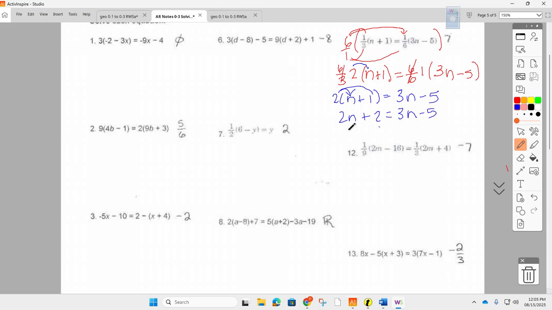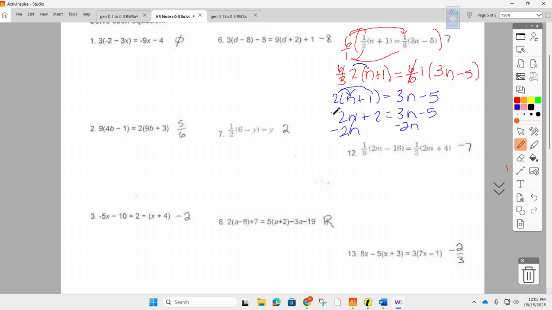And now I have variables on both sides. How do we get the variables together? Not minus 5, right? We're going to get the variables together. We've got a 3n term and a 2n term. So we look for the smallest coefficient, the smallest number with the variable, and we add the opposite of that. So that's a negative 2n, negative 2n.